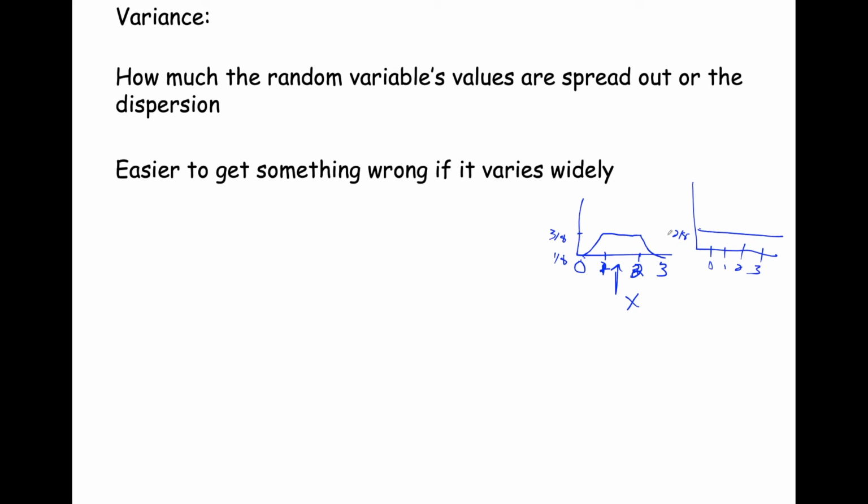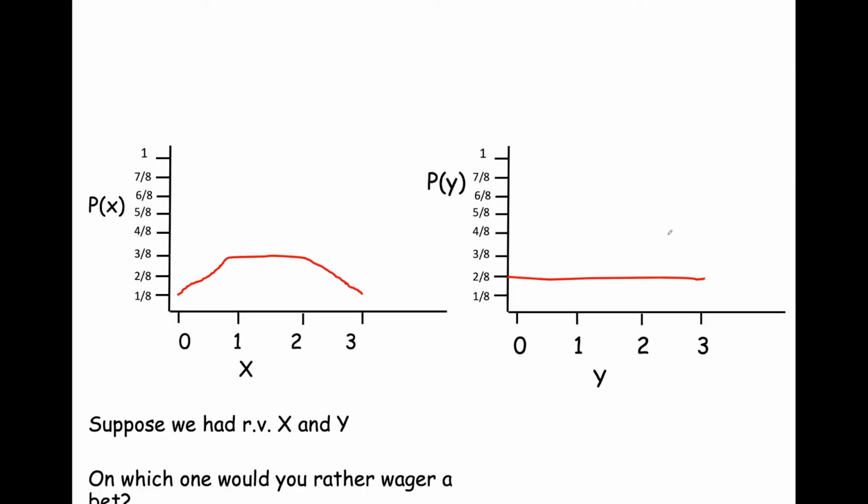It's a statistic, a function over data, and it tells you how much a random variable's values that it takes on are spread out, or how wide or how dispersed the distribution is. And so here we had that example. And in this example, we said, you're better off betting on system X because it's not as spread out.